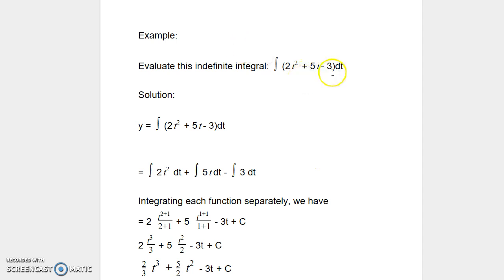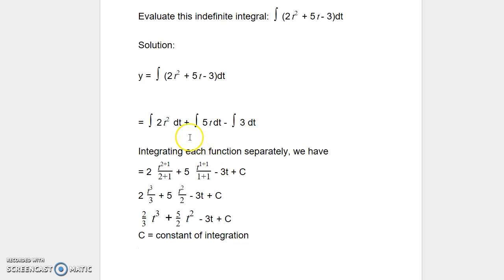Since this is a polynomial in t, and since we have three functions inside this example problem, we can separate it out and write it out as shown here: integral 2t squared dt plus integral 5t dt minus integral 3 dt. Okay. Now we're going to use the process of integration on each one of these functions and then simplify them.